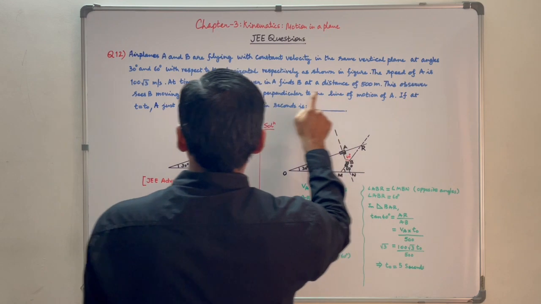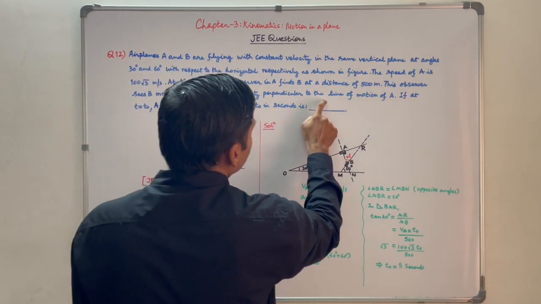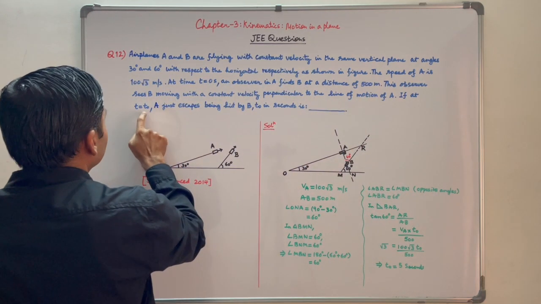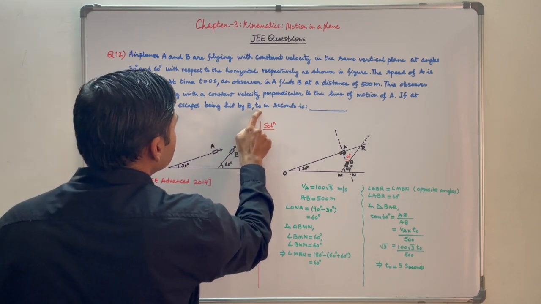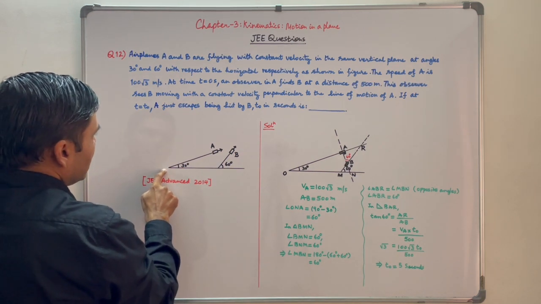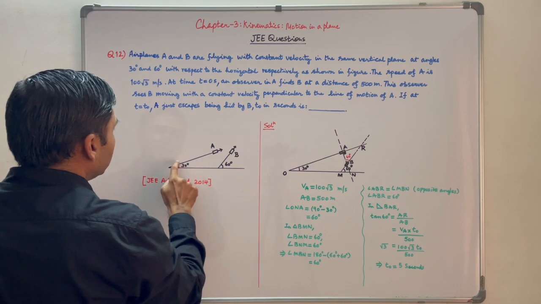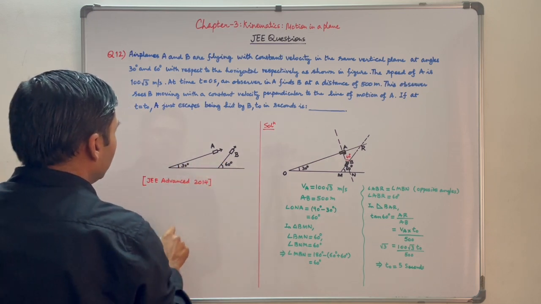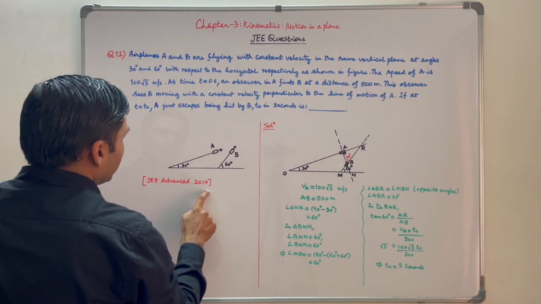This observer sees B moving with a constant velocity perpendicular to the line of motion of A. If at t is equal to t0, A just escapes being hit by B, t0 in seconds is. This is the figure given, where A and B are two aeroplanes flying at an angle 30 degree and 60 degree respectively with horizontal. This question appeared in JEE Advanced 2014.